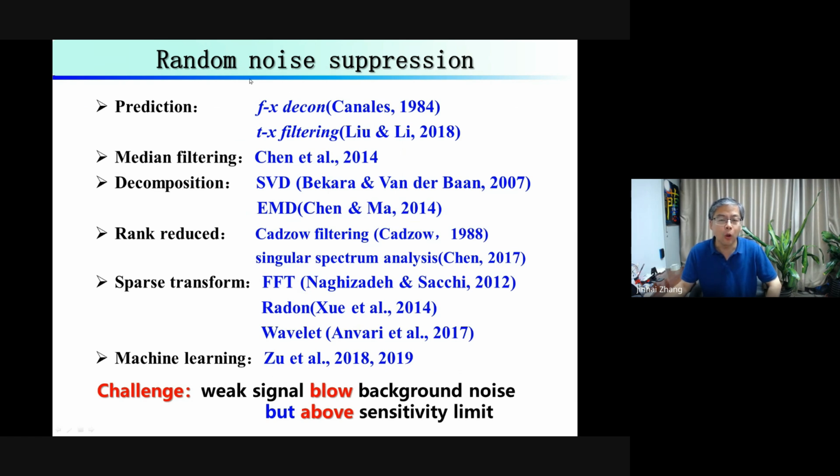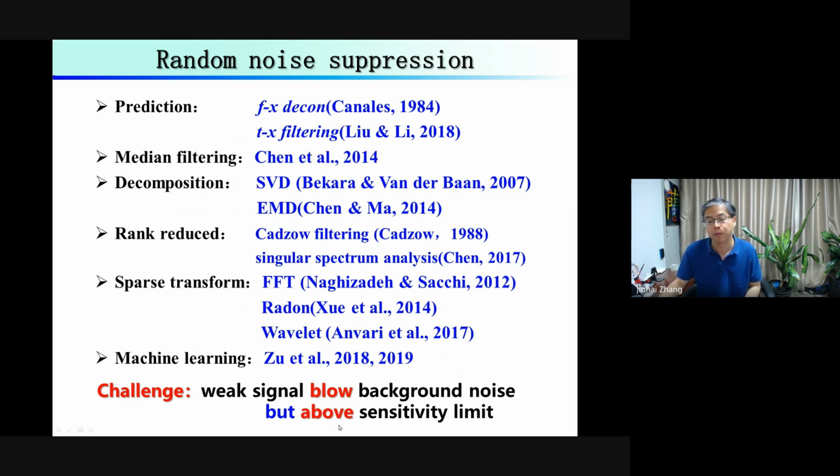However, all of these methods are somewhat not effective in dealing with the strong background noise of planetary radar data, as shown below. Therefore, the challenge in front of us is to extract weak signals below strong background noise.